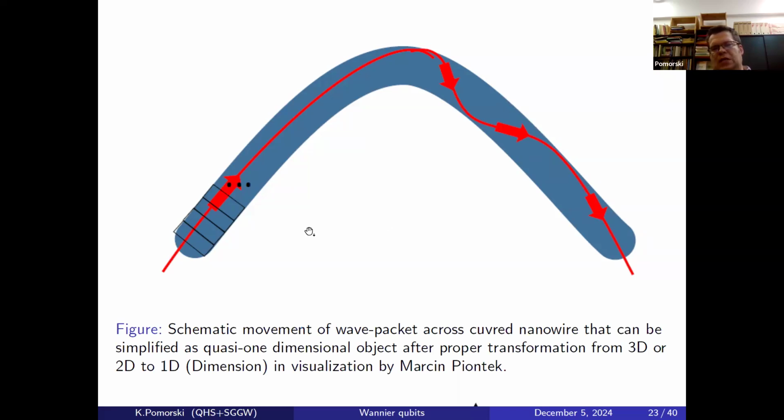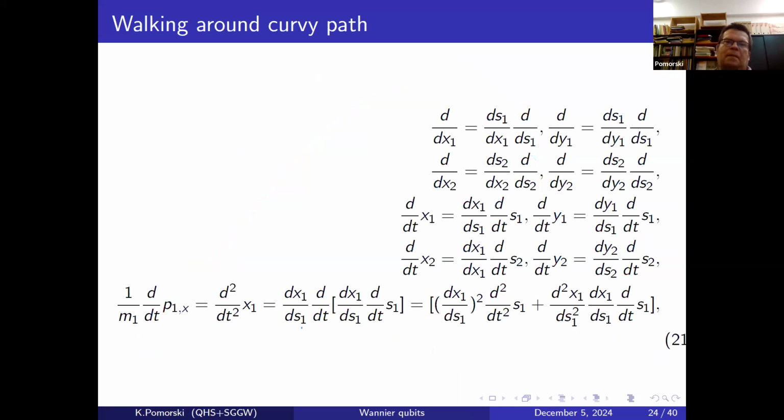There will be a small s parameter, which will be described later. This is basically the imagination of how this wave packet is propagating in such systems. The reflection from the walls also takes place, but it is naturally incorporated into the effective one-dimensional approximation.